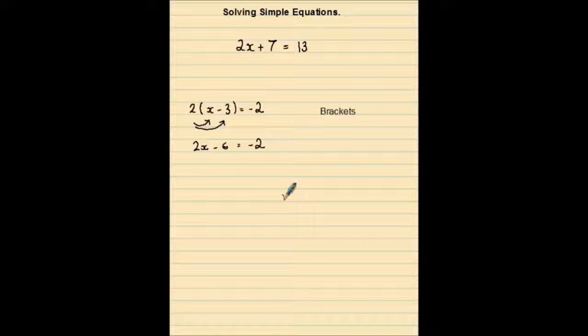So we just expand the brackets and now we have an equation that you can solve. Again, it's in this form that you're used to seeing.